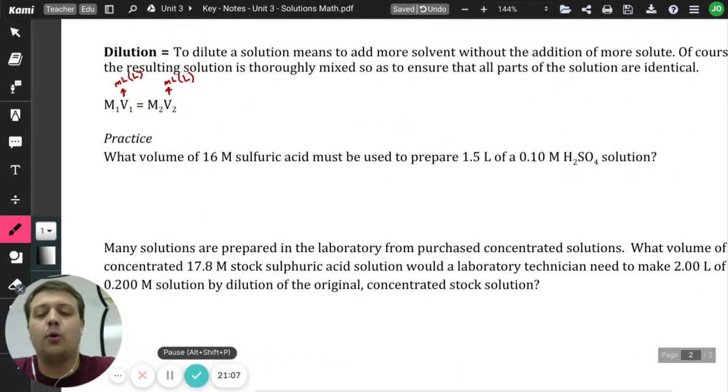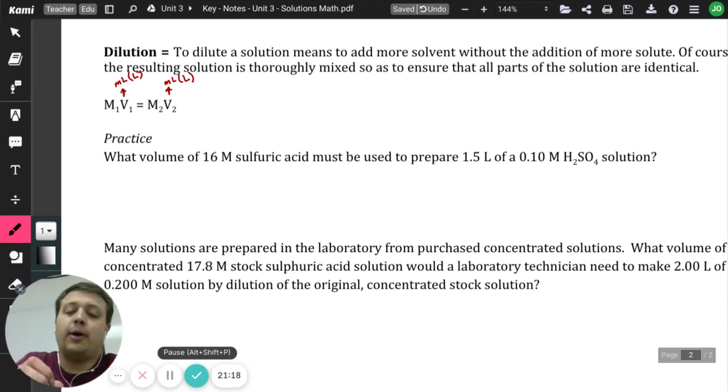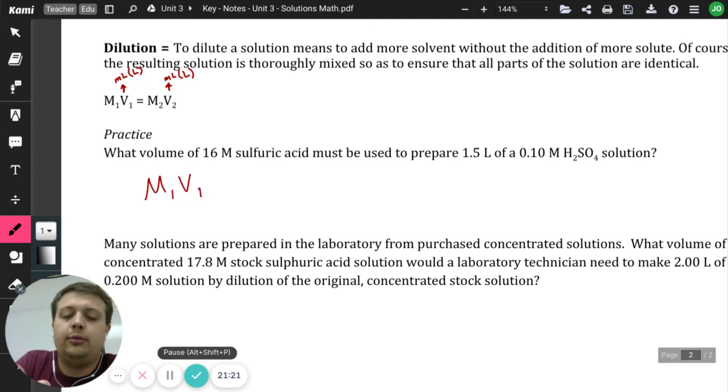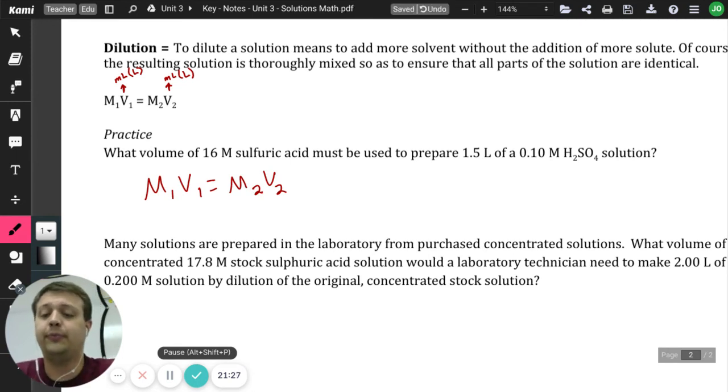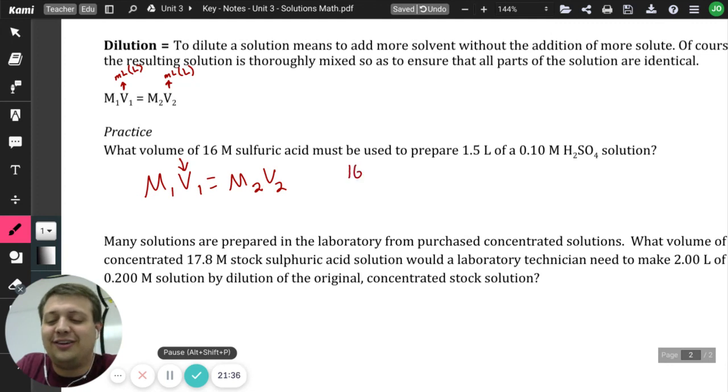What volume of 16 molar sulfuric acid must be used to prepare 1.5 liters of a 0.10 molar sulfuric acid, H2SO4? Okay, so my formula is molarity 1 volume 1 equals molarity 2 volume 2, M1V1 equals M2V2. And I am solving specifically for volume 1. So I just plug in my numbers and I solve. So I have 16 molar solution times my volume 1 equals 1.5 liters times 0.10 molarity.